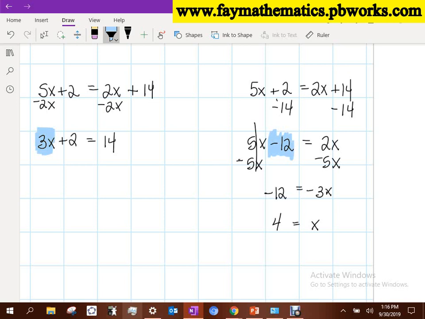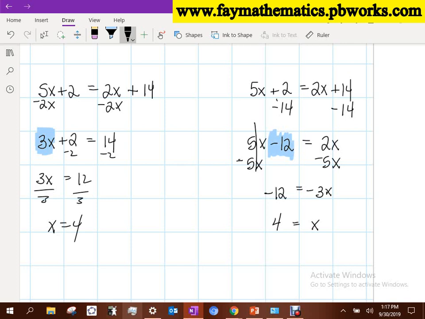So now I always see that the 3x, the only thing that has a variable left in, right? So now what do I need to move to the other side? The 2. Okay? So I subtract the 2 from both sides. Minus 2, I get 12 here. I divide by 3 again. Does x still end up being 4?